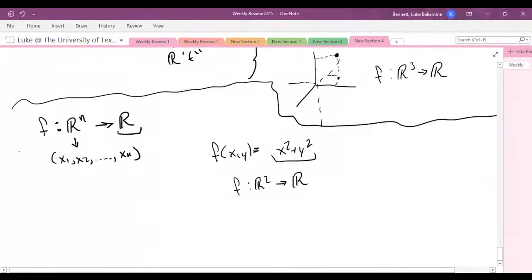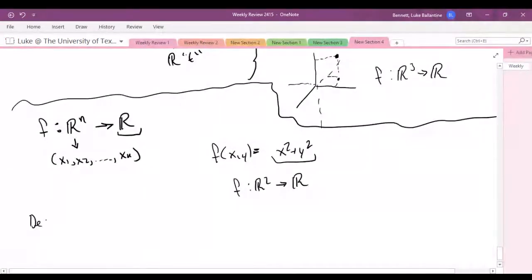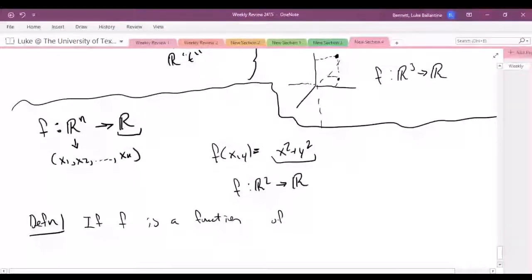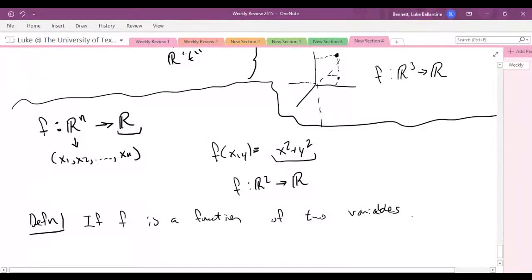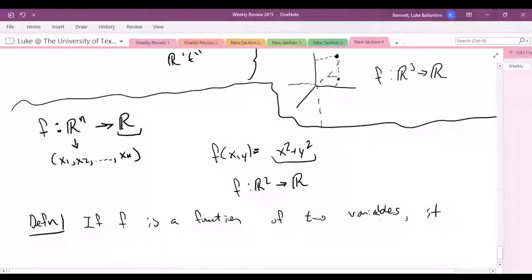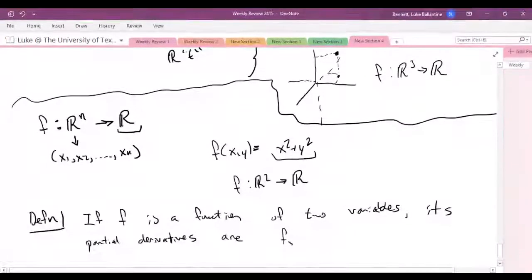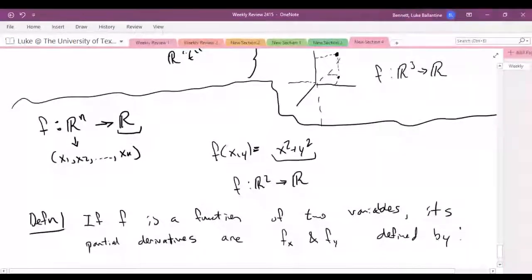Okay, so I'm going to give you guys a definition. If f is a function of 2 variables, its partial derivatives are f sub x and f sub y defined by, and here's the definition.